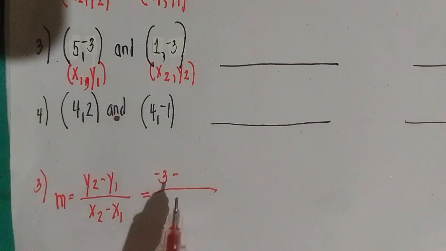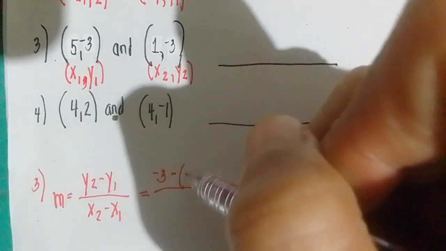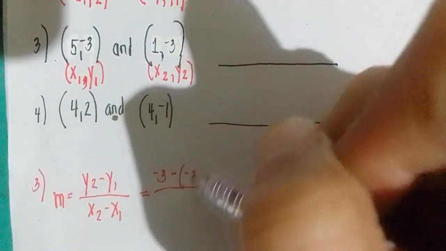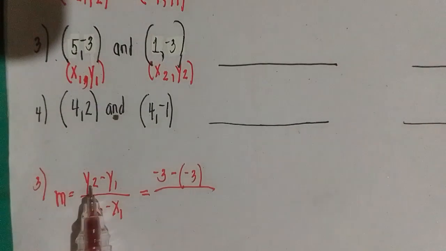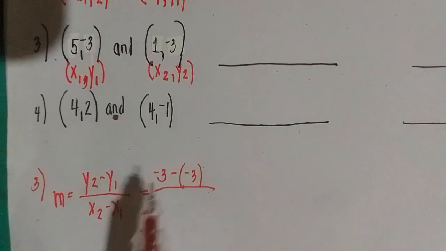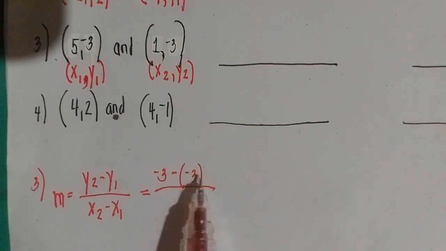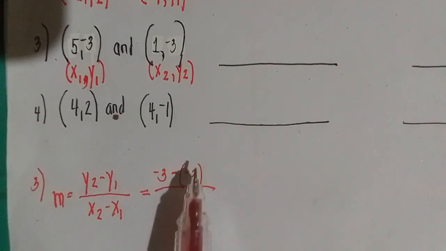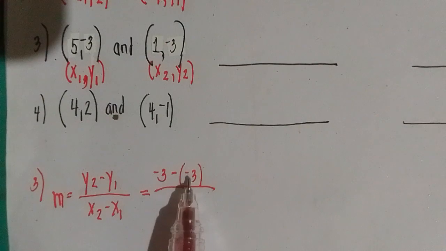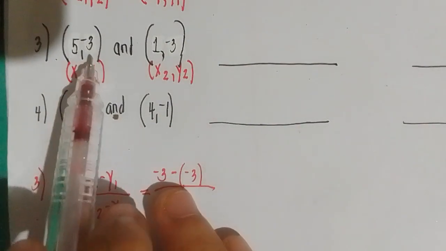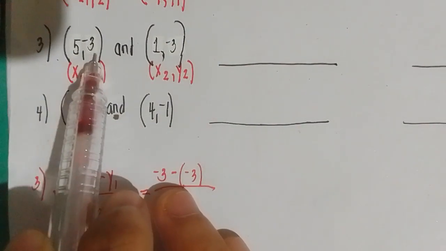And then, since we are subtracting a negative in the numerator, the negative sign follows, so we use parenthesis: -3. Again, y sub 2 is -3, minus y sub 1, which is -3. We put y sub 1 alone in parenthesis, as you see in the number 3 example.